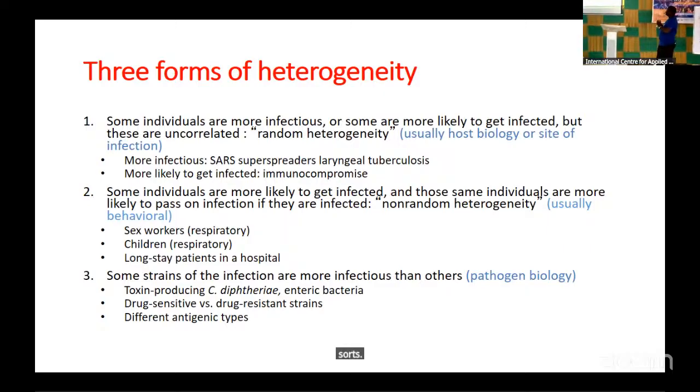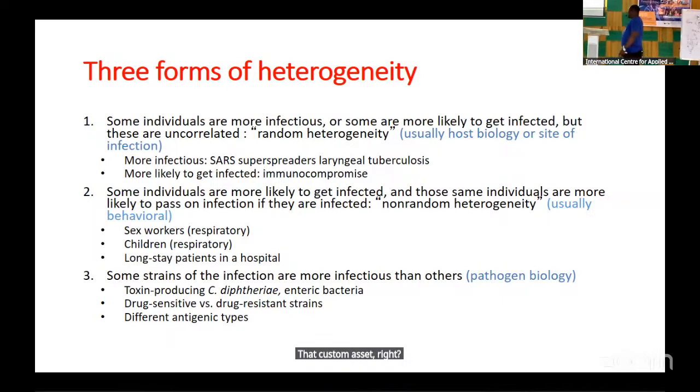This has to do with regular exposure, like sex workers. People involved in the sex business have customers every night, and people come to them easily.